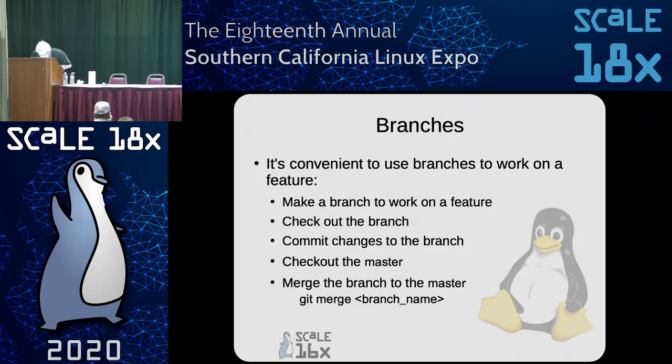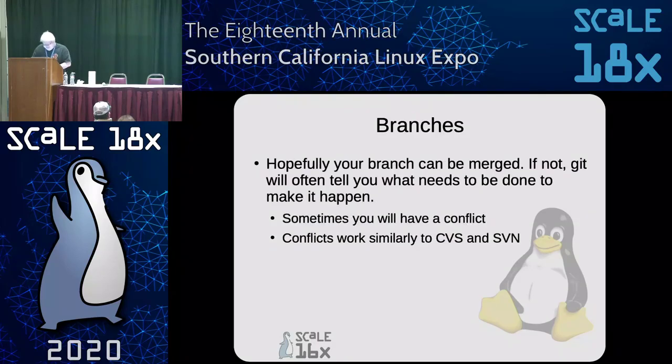So it's convenient to use branches to work on a feature. Make a branch, check it out, do work on feature X, commit your changes. Then when you're ready to merge those in, you check out master, and then you merge your feature branch in using git merge.